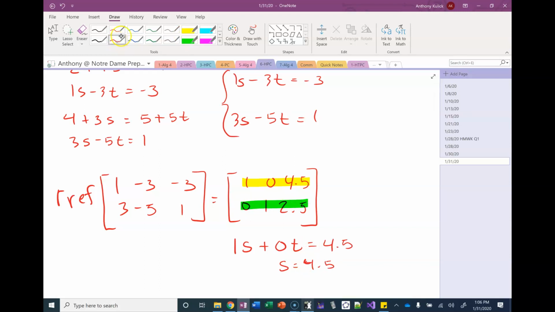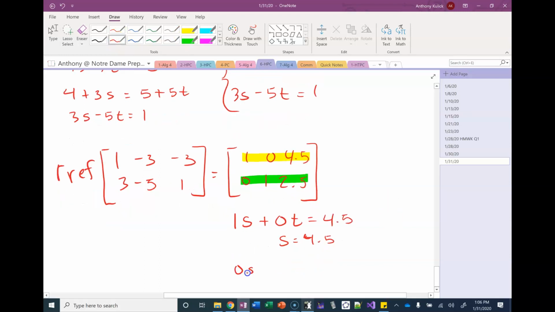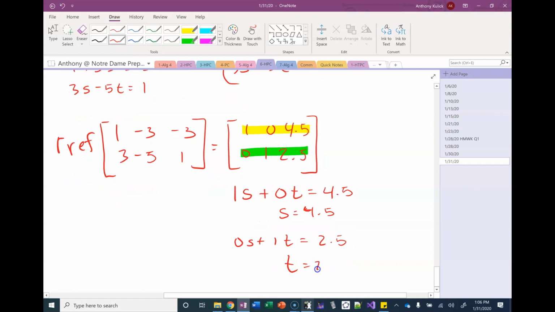The second row says 0s plus 1t is equal to 2.5, or rather, just that t is equal to 2.5. Is everybody okay there? Great.